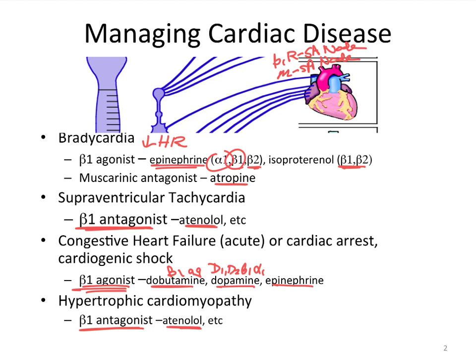By slowing the heart rate, that's beneficial. This is also being used in hyperthyroid, or thyrotoxic, cardiomyopathy as well.